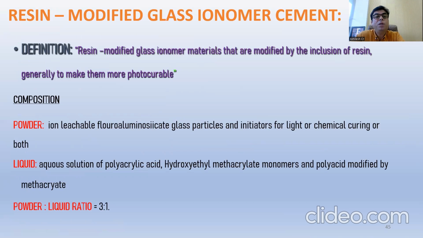Now let us go on to discuss the resin modified glass ionomer. Here, what is resin modified? Resin modified glass ionomer materials are modified by the inclusion of resins, generally to make them more photocurable. Here the composition: the powder is ion leachable fluoroaluminosilicate glass particles and initiators for light or chemical curing or both.